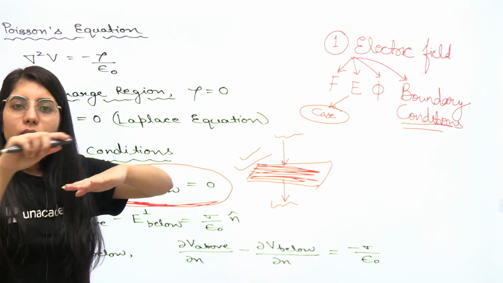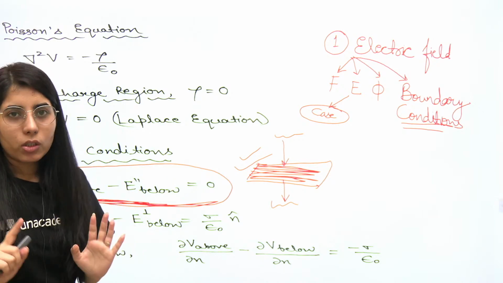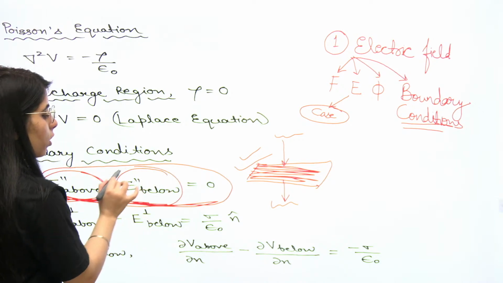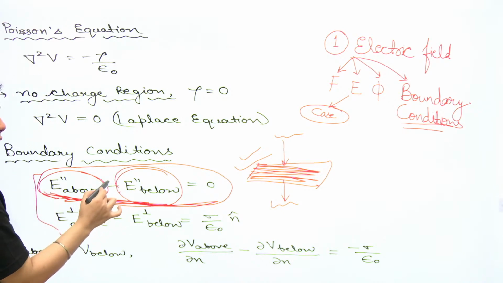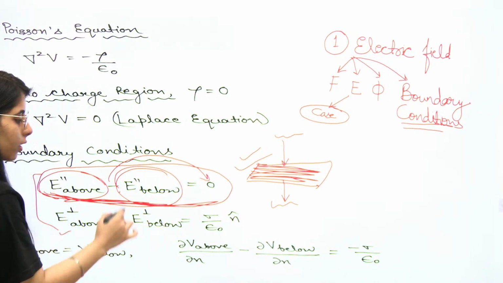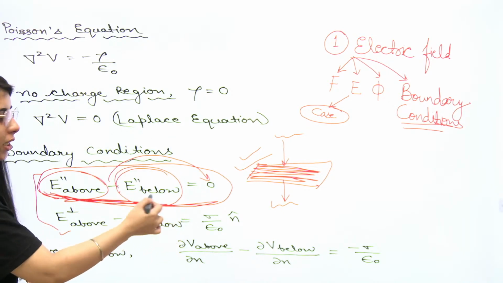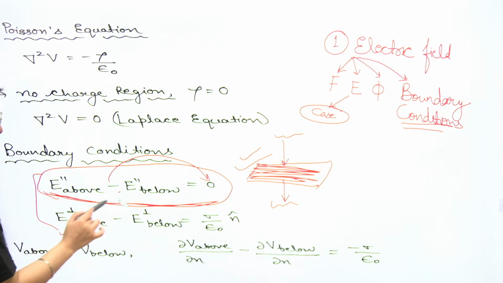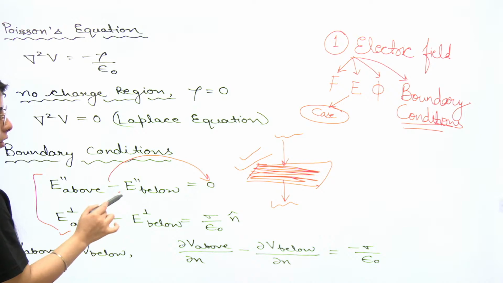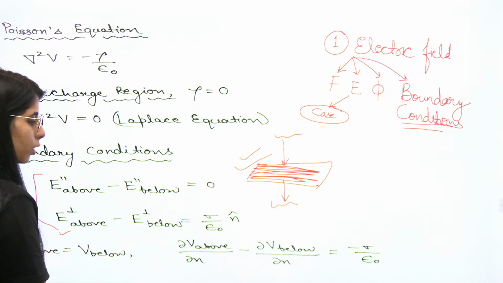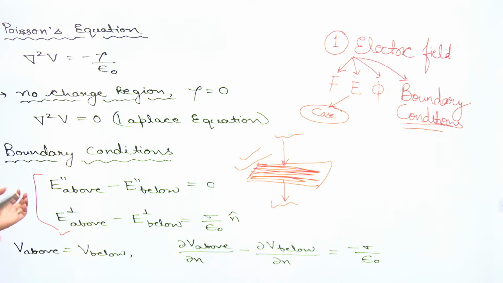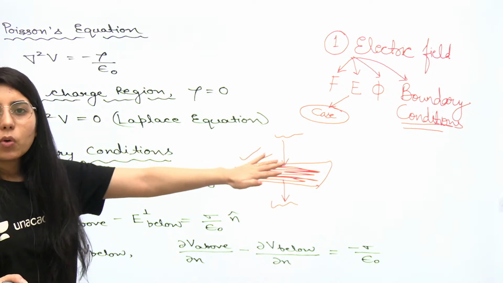In this case it is continuous. If you take it to the other side, this minus sign will become plus. Then you will get E parallel above is equal to E parallel below, which means the tangential component of electric field is continuous across this boundary.